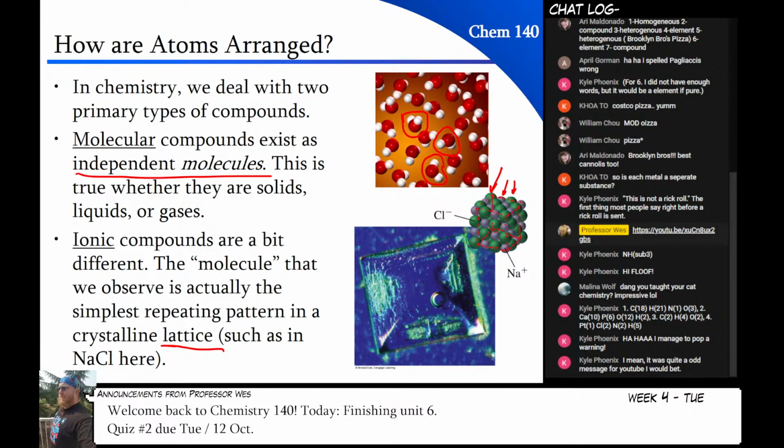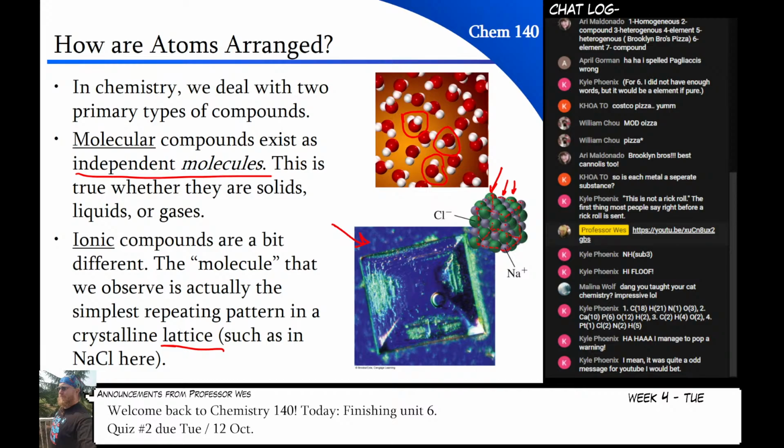So, an ionic compound is basically a repeating pattern of atoms that are charged called ions. And they're stuck together in this pattern over and over and over, virtually forever. You eventually reach the edge of the lattice, which is this cubic shape that you can see in the diagram right here.